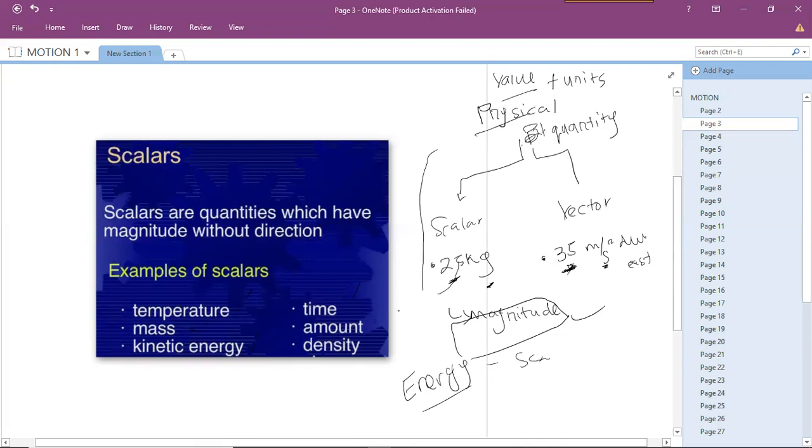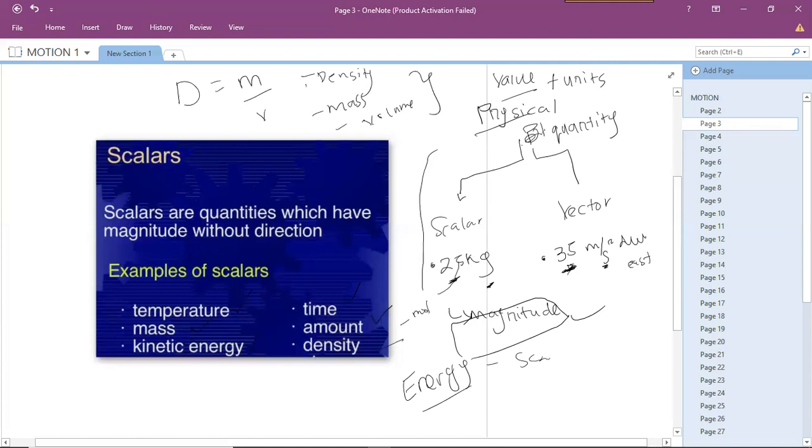Time, amount of substance, like the mole concept, no direction, and also density. A good example, if they say give a list of 3 types of scalar quantities, you can just use this formula: density is equal to mass over volume. Then you tell them, density is a scalar quantity, mass is a scalar quantity, volume is also a scalar quantity.